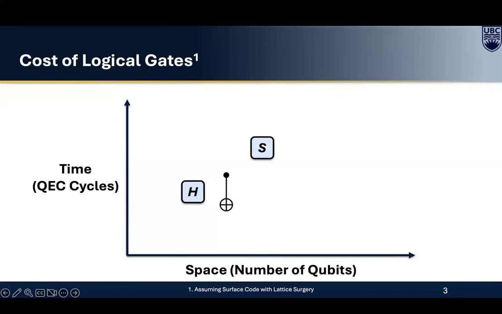The phase gate, especially in the surface code case, is notably more costly than those two other Clifford gates, but still has a comparable cost in both dimensions. The T gate itself, assuming you already have the magic state prepared, then doing the state injection onto the target qubit is actually comparable to just doing a single Clifford gate.